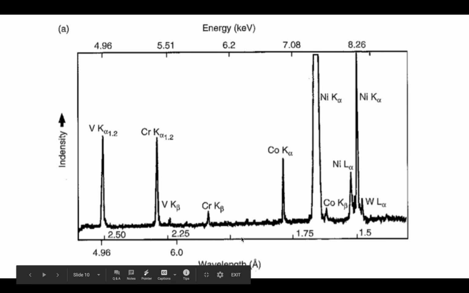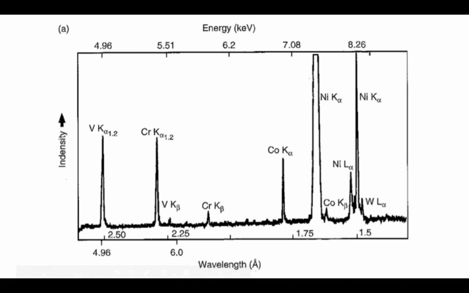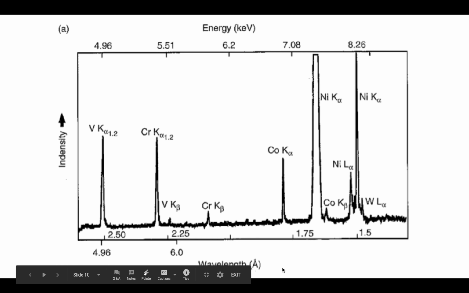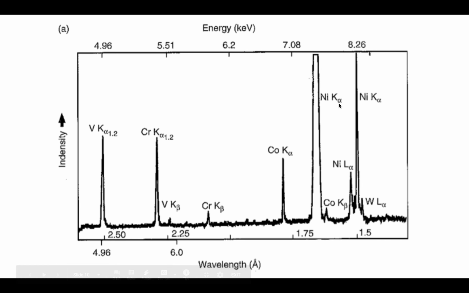Another thing that may be new, and that we haven't seen before, is the fact that there can be multiple wavelengths for the same characteristic X-ray line. A good example here would be nickel. Here you see nickel K alpha, but right next to it, you also see a nickel K alpha.